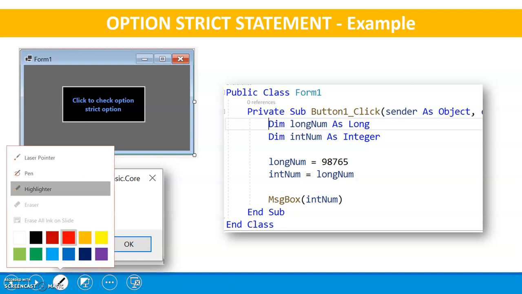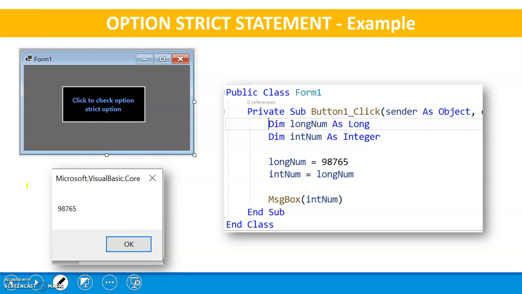As you can see on the screen, I have taken one form, and on that form I have taken one command button, and on that command button it is written "click to check option strict option." This is the interface, and then I have written some code on the click event of this button.